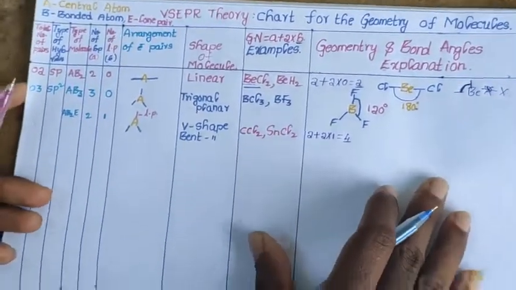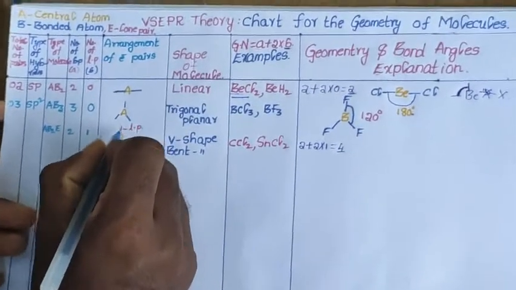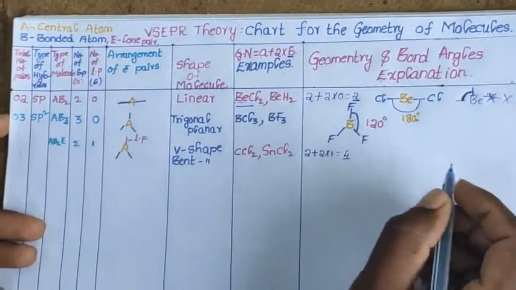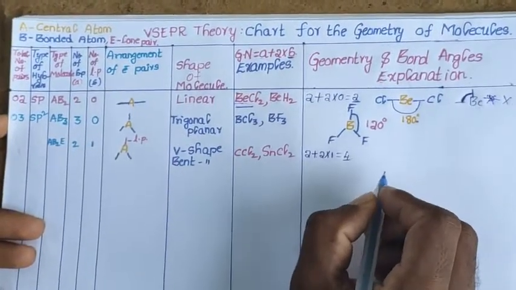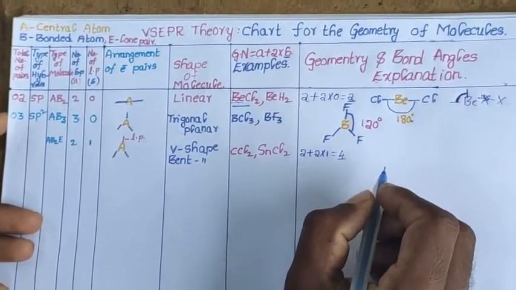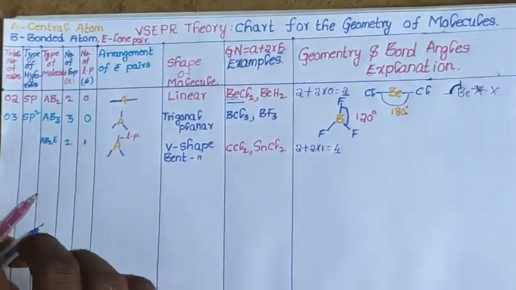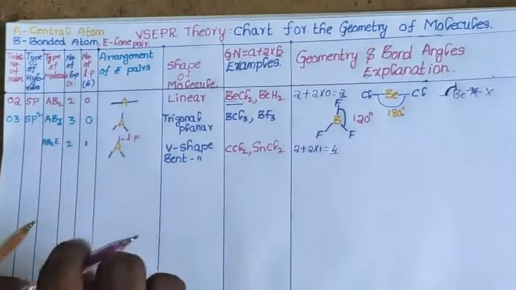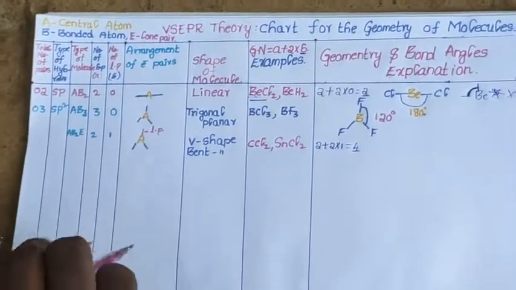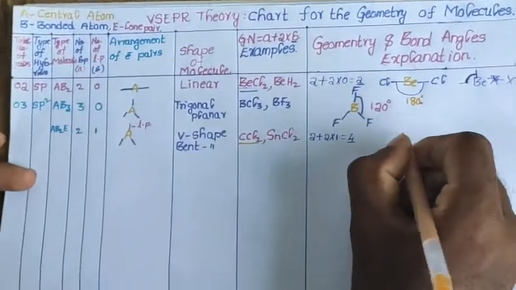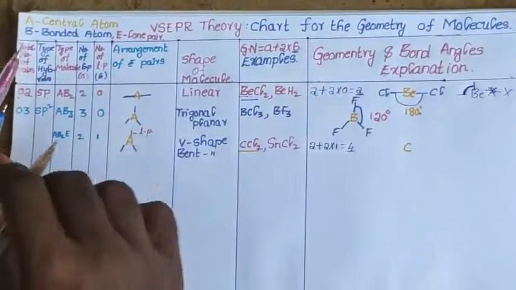Okay students, if lone pairs are there, it is difficult to find the bond angles accurately. That's why I will not mention the bond angles for these lone pair examples. What is the central atom? Carbon is the central atom.